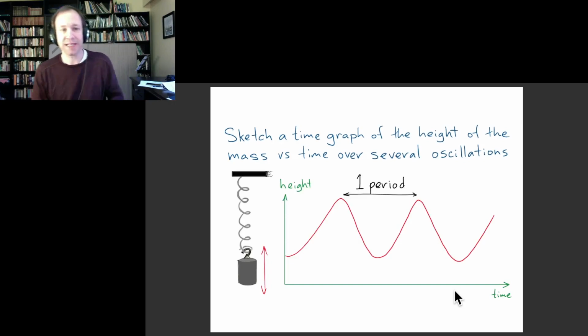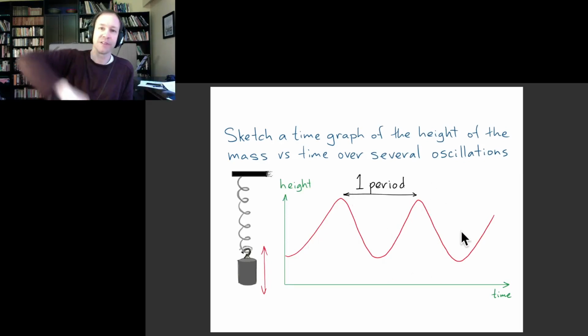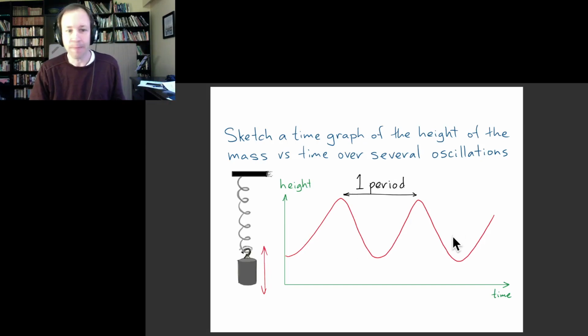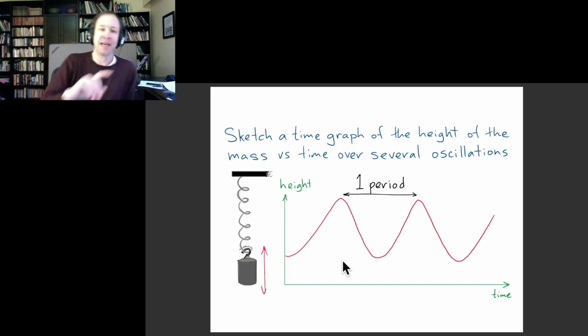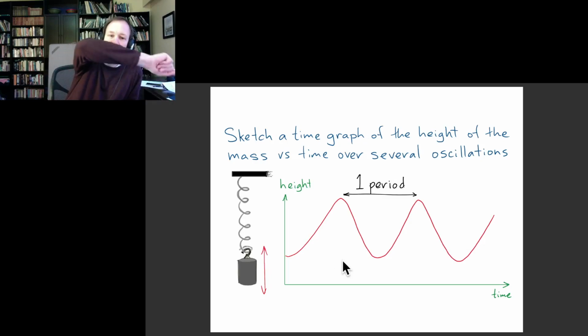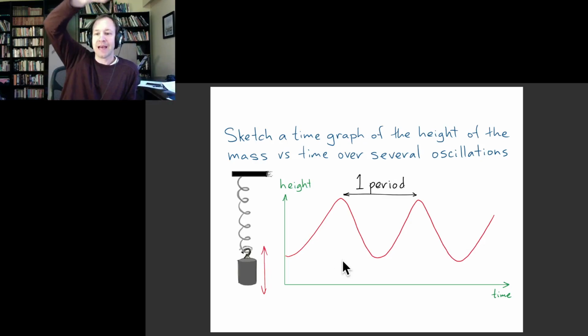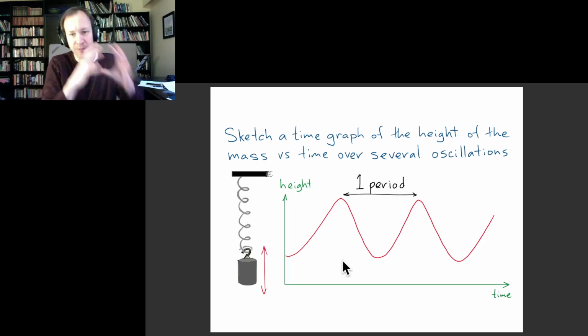Okay, well, this is what I came up with. It's not a very nice looking graph. Probably yours was better. But basically what I knew was that it started at the bottom and that it was going to go up at a later time to some higher position and then come back down and then go back up and then come back down. And it repeats.